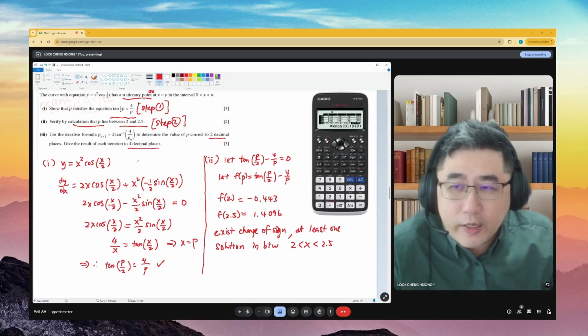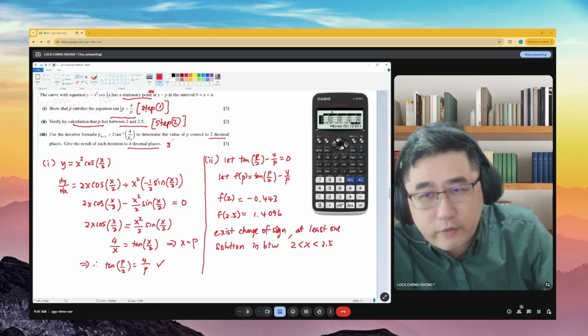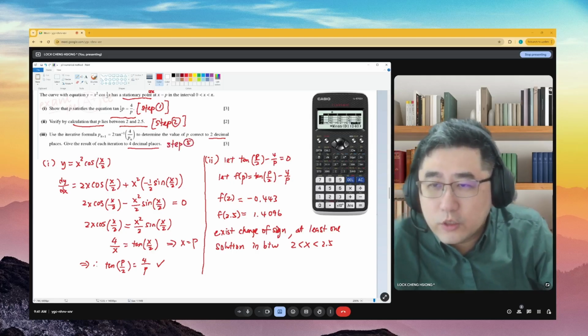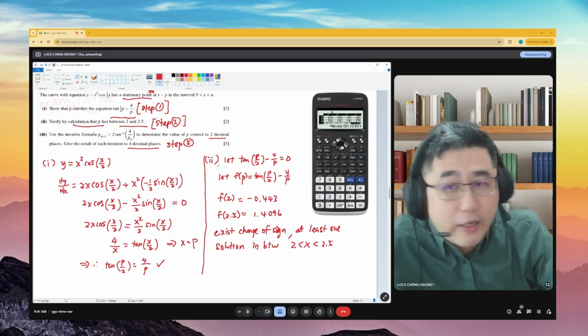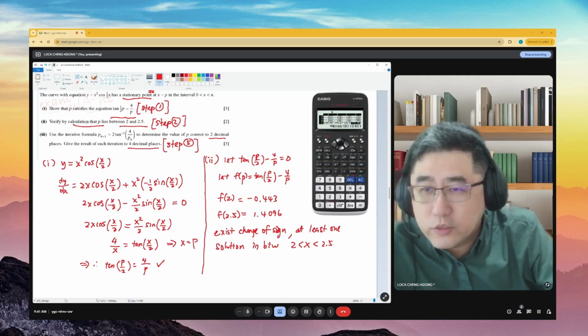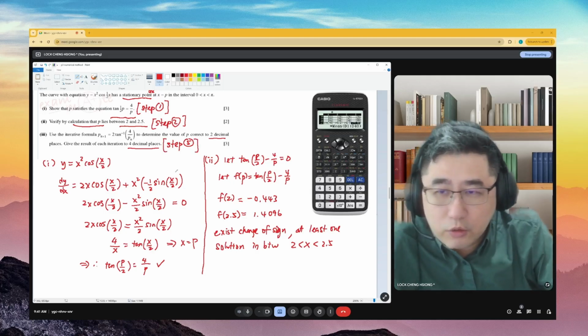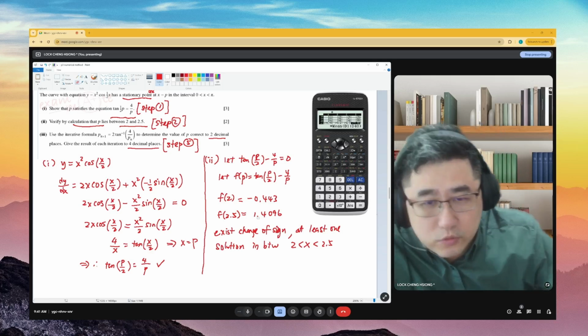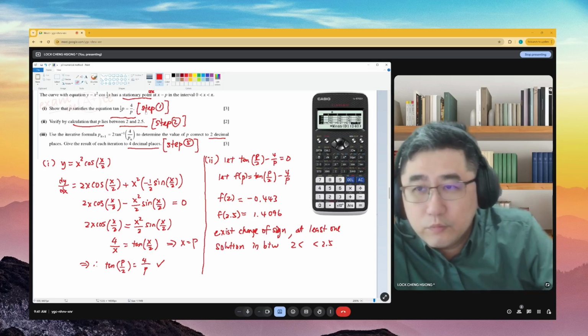This part is step 5. There is one problem: I don't have my initial value. They didn't give us P naught, the first number.